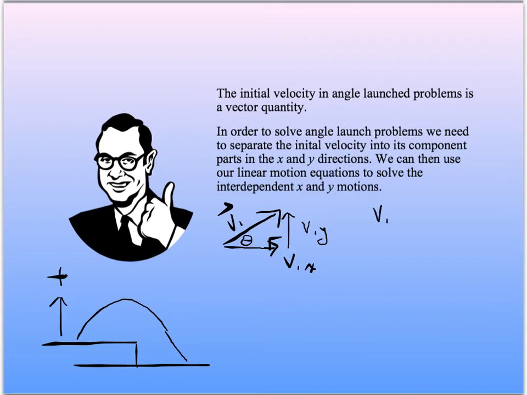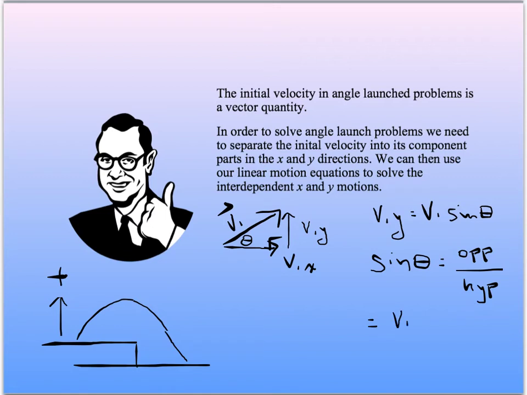Then v1y will equal v1 times the sine of theta. Why is that? Because the sine of theta will equal the opposite side on the triangle divided by the hypotenuse, that is to say the lengths of those sides. The opposite in this case is v1y over v1. These get vector symbols all around.